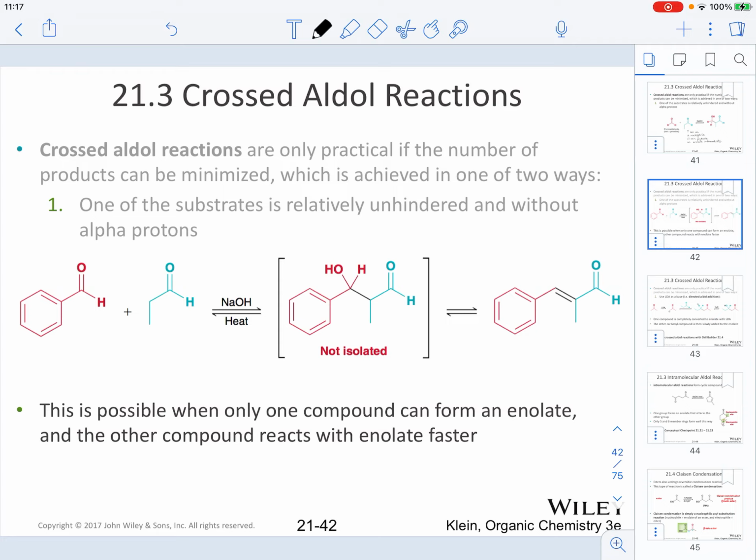Remember, when we have two aldehydes, as we learned previously, we are not going to be isolating the beta hydroxy, specifically if we have heat, and we're going to have the alpha beta unsaturated carbonyl system as our final product.